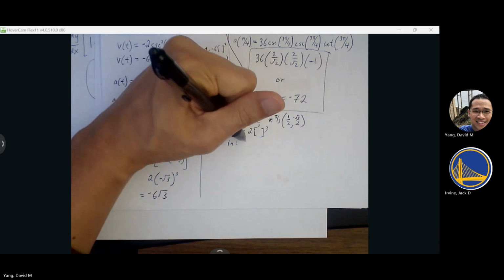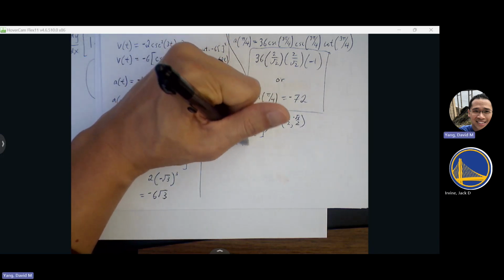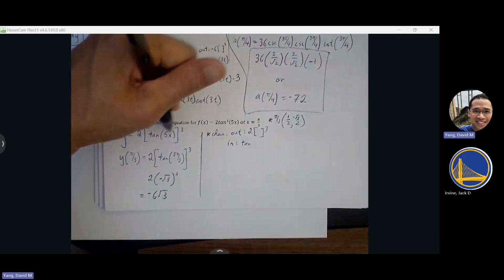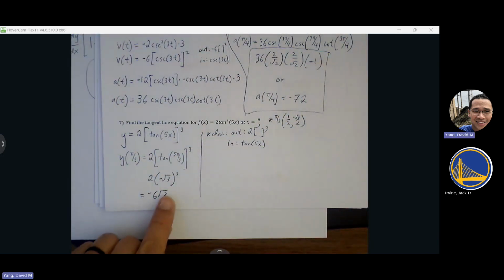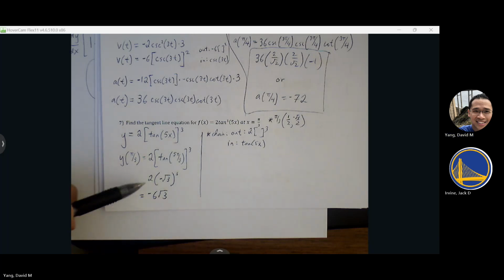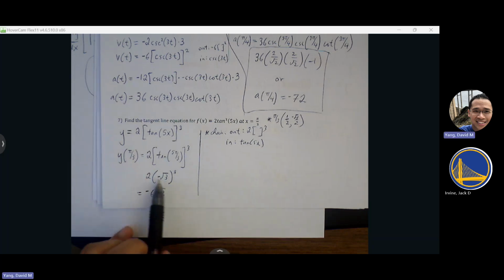Wait, what? When did the 2 cubed turn into -8? Right there. 2 cubed. Oh, you mean here? Yeah. The 2 is not getting cubed. It's the √3 that's getting cubed. Oh, so it's √3 times √3 times √3.